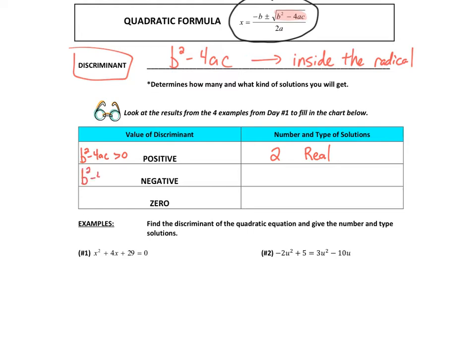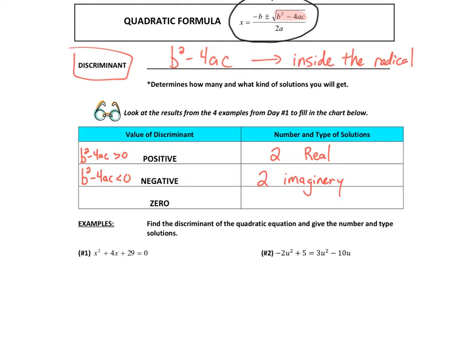If b squared minus 4ac is less than 0, then it's negative. So if the discriminant is negative, we will get two imaginary solutions.